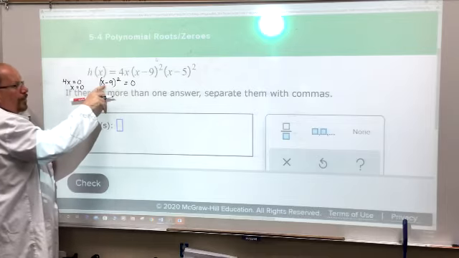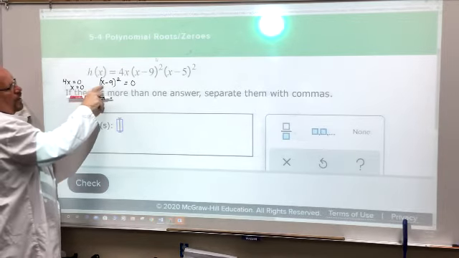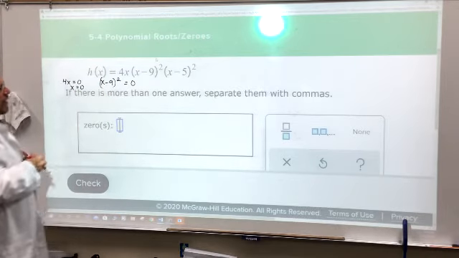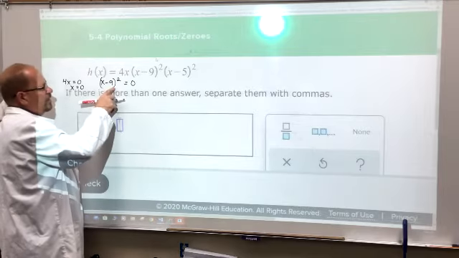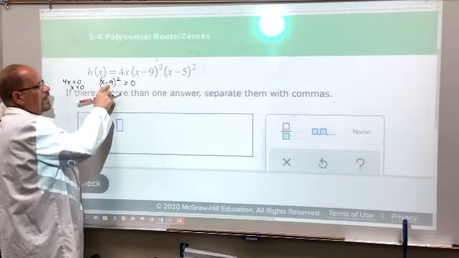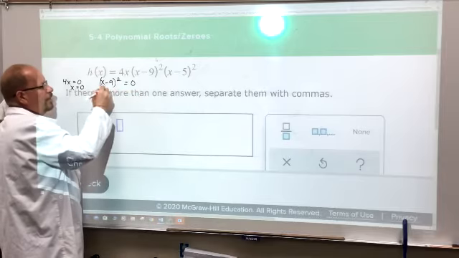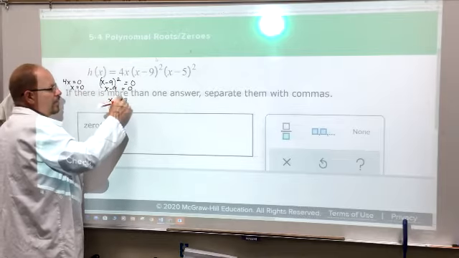So remember, this is the difference of two squares. Is that going to matter for us? No. Let's just solve this. Take the square root of both sides. x minus 9 equals the square root of 0, which is 0. So x minus 9 equals 0, so x equals 9.